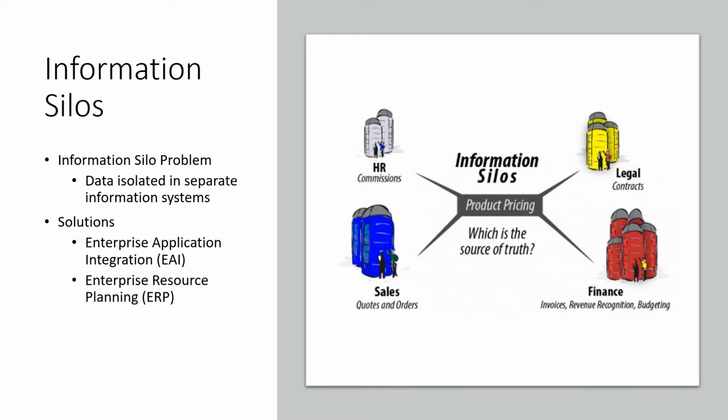ERP takes care of something called information silos. An information silo is where a single department or a single person knows all of the information. And while that information can be accessed and is allowed to be accessed by other business partners, they have to go through the person in order to get to it, just from the way that everything's organized.